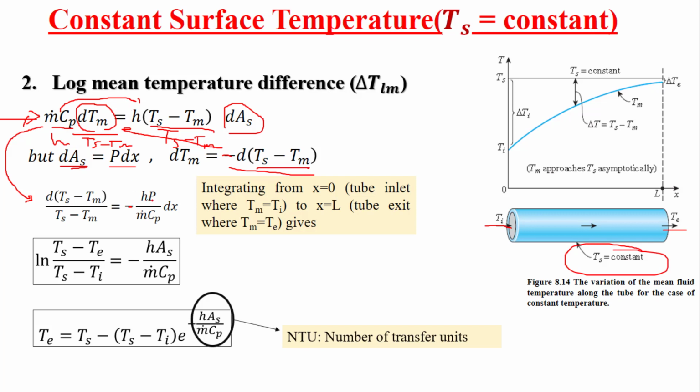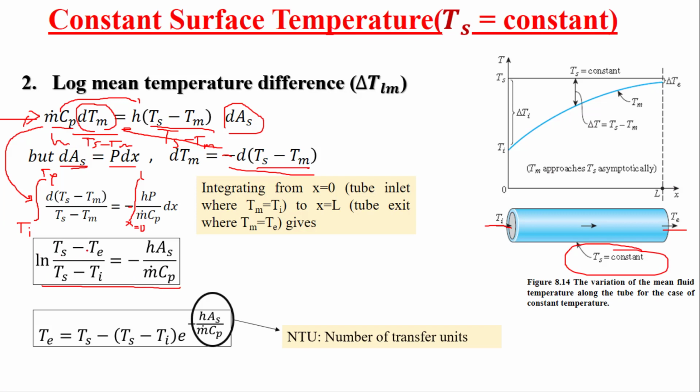We have h multiplied by the perimeter divided by m dot Cp, dx. This equation will be integrated from x equals 0 until the whole length of the pipe, and here we have integration with its limit between T inlet up to T mean exit. If you derive it, you will end up with this equation.